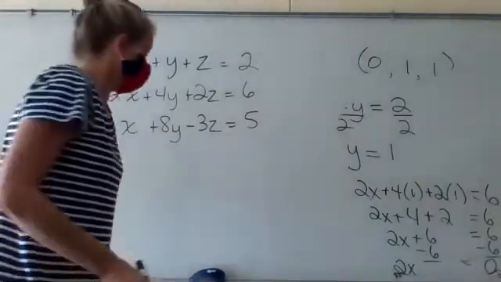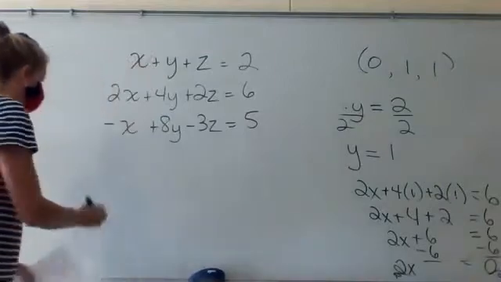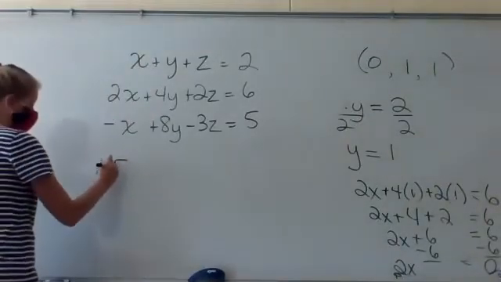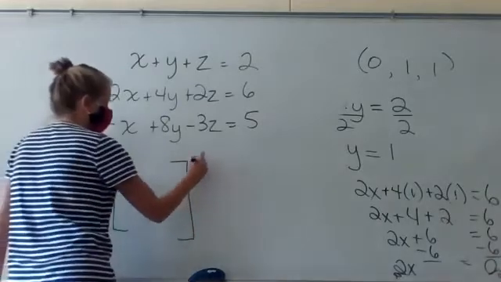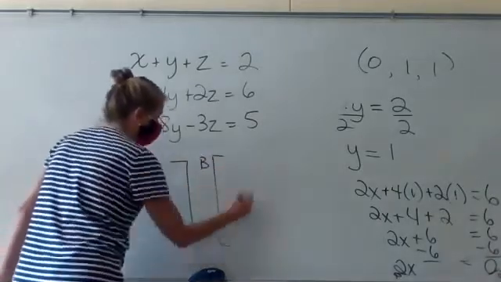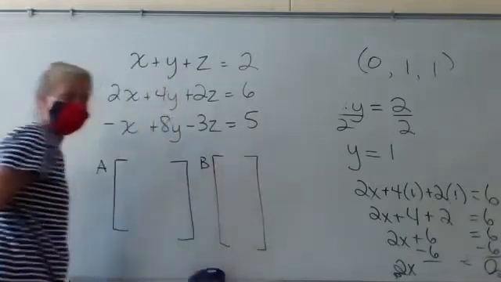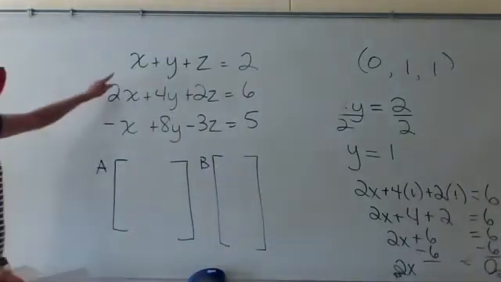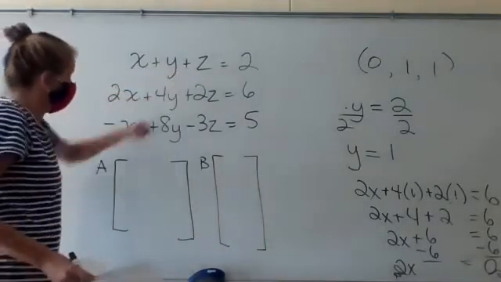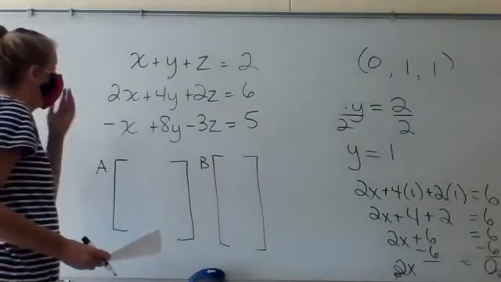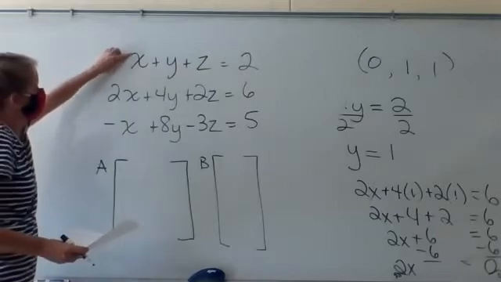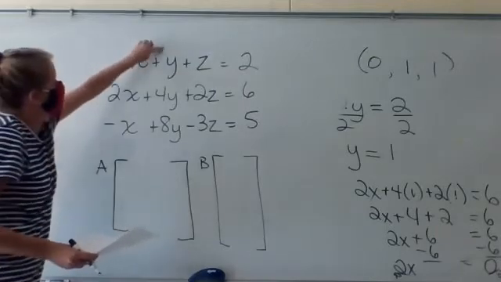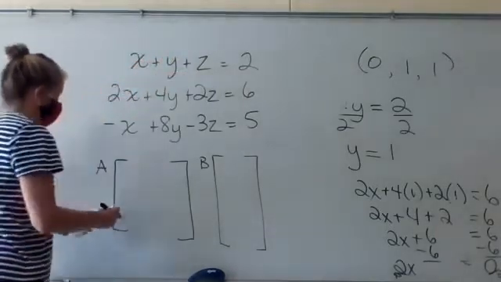So remember, we're going to create 2 matrices. A matrix A and a matrix B. Matrix A, this time, is going to come from all the number parts of this. So what's in front of these if you don't see them? They're all 1. So 1, 1, 1.